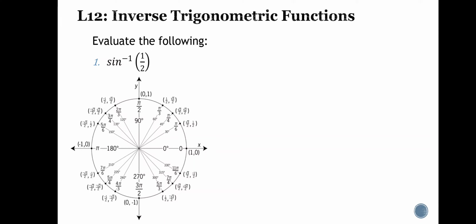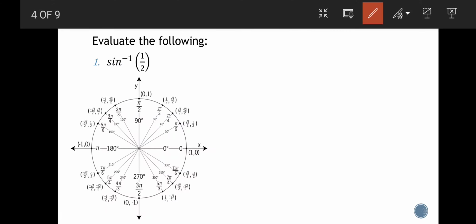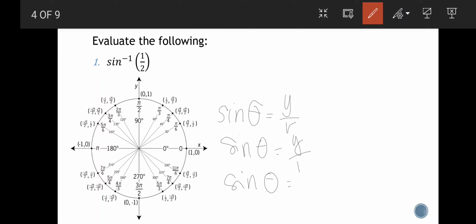So again, the question here is, what angle will give the value 1/2 if we take its sine? If you can still remember, sine theta is actually y over r, or since we're using the unit circle, this will be equal to y over 1, or that is y.